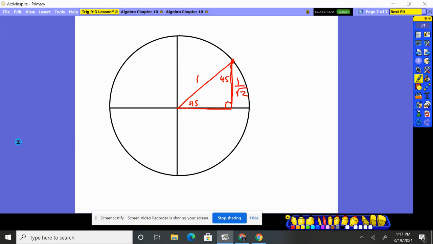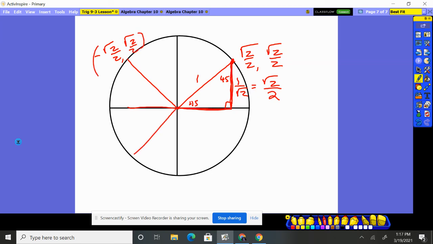So it's 1 divided by root 2, which when we rationalize the denominator, something I know you've forgotten about, don't worry about it, becomes root 2 over 2. So at this point, you've come over root 2 over 2 and up root 2 over 2. Nice things, they're the same. And it'll be the same thing for the 45 here, other than you've gone left. So it'll be negative root 2 over 2, up root 2 over 2. And the same here and the same here, the same values.